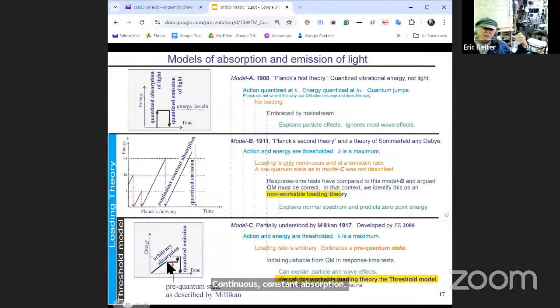And then this modification by Millikan, which is the one I build upon, where the light can be absorbed in an arbitrary way and have some preloaded state, and then it shows up emitted quantized. And so I'm going to call this version of the loading theory that I developed the threshold model.